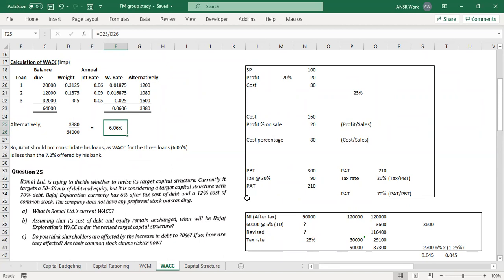The company does not have any preferred stock outstanding. What is Roman Limited's current WACC? Assuming that its cost of debt and equity remains unchanged, what will be the Bajaj Exploration WACC under the revised capital structure? Now, forget about the third one, that is theoretical. Let's calculate these two. Current WACC. Can somebody calculate?